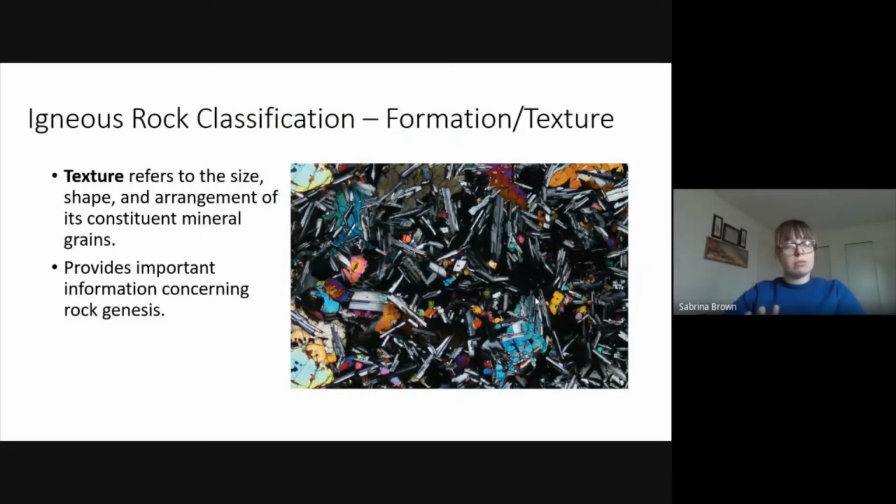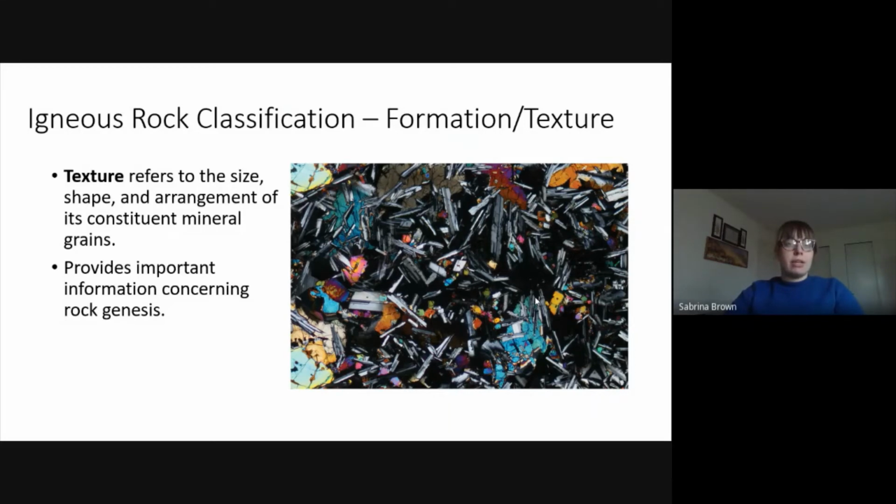So right now we're really focusing on these basics: we have molten material. It has a certain composition, right, which varies along some scale. And that molten material can either cool underground or above ground, and those two things can help us classify and determine what igneous rock forms.